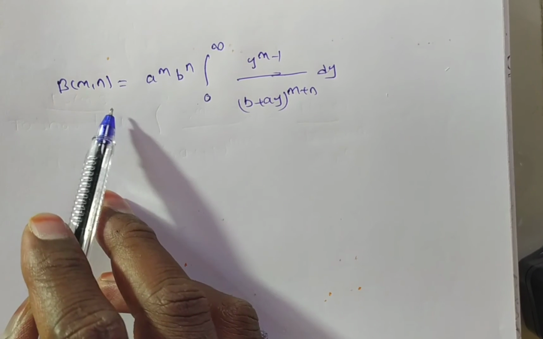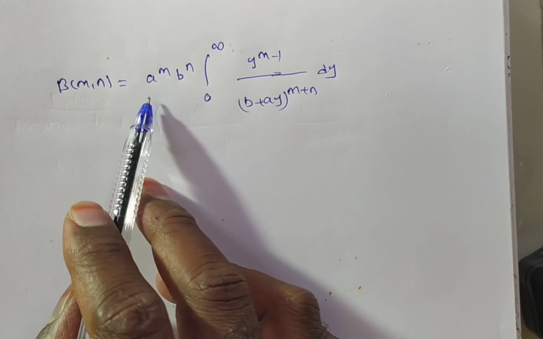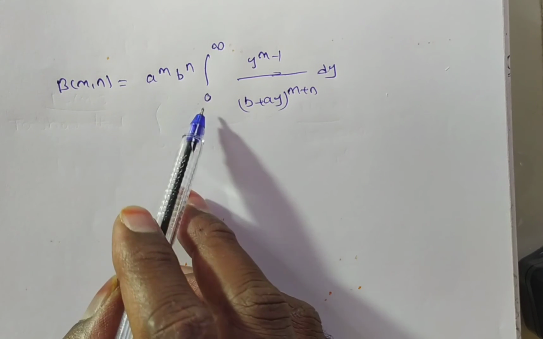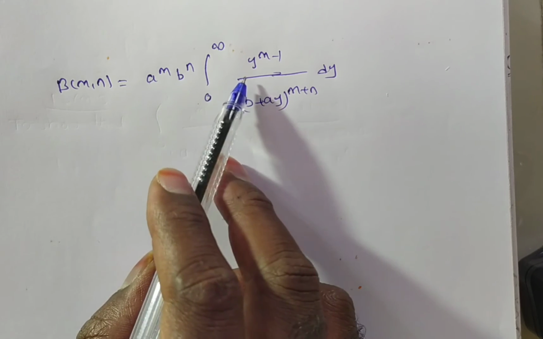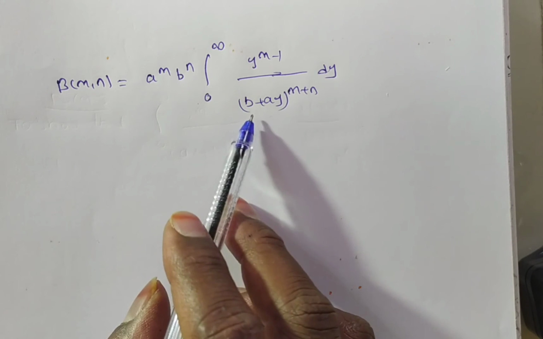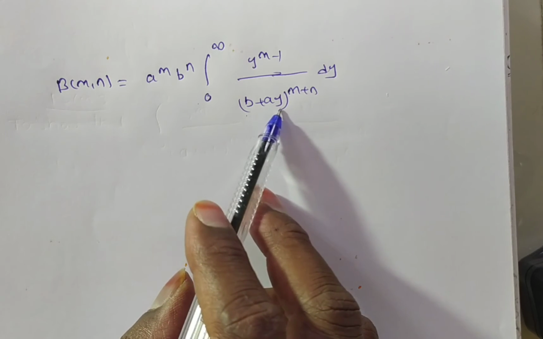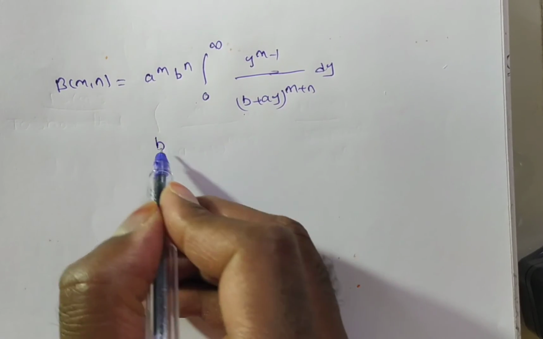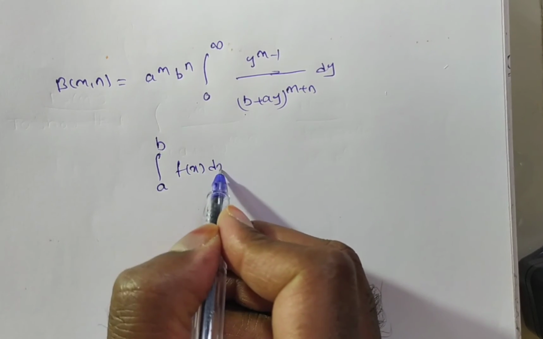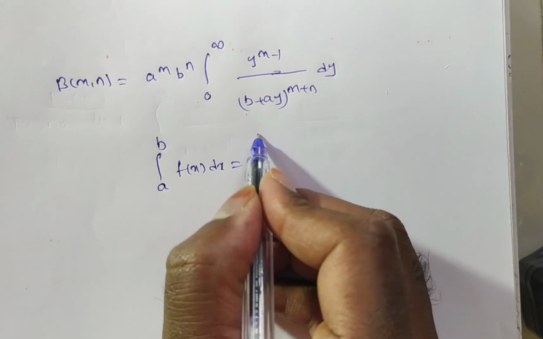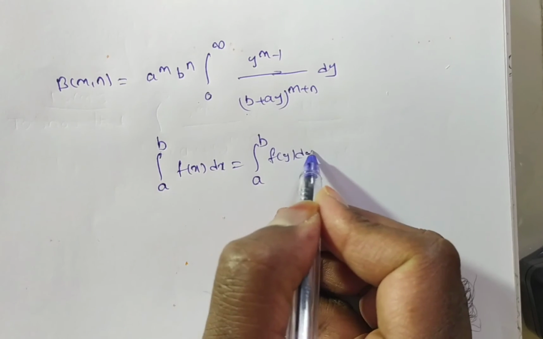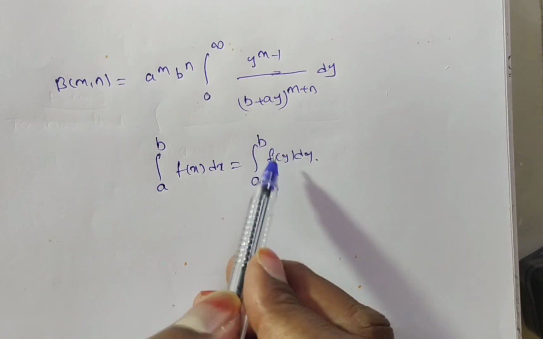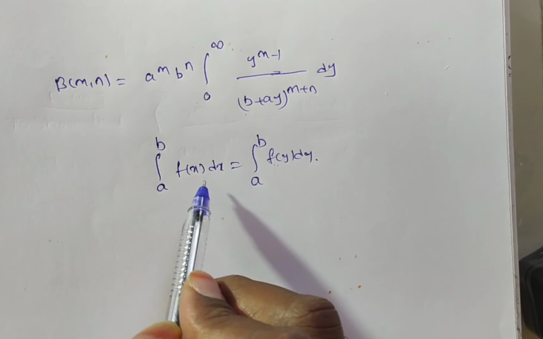I have written here clearly. So beta of m comma n is equal to a^m b^n into integral 0 to infinite y^(m-1) by (b + ay)^(m+n). From the definite integral property, we have integral a to b f(x) dx is equal to integral a to b f(y) dy. So this function you can treat as f(y), then you can write this as f(x).